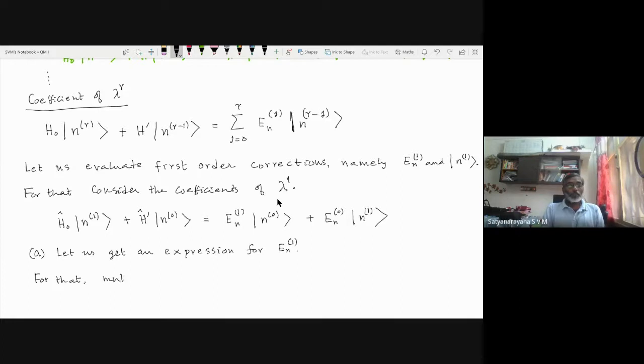multiply this equation with the bra vector of n0 from the left. In other words, you project this equation along n0.